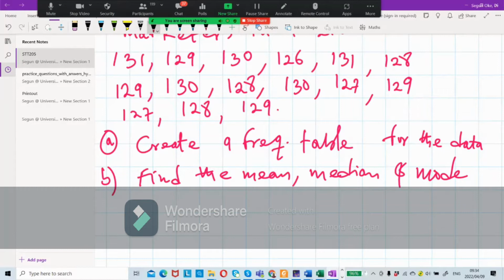Mean, median, and mode. Remember, everything we are doing, we are doing it on the table.